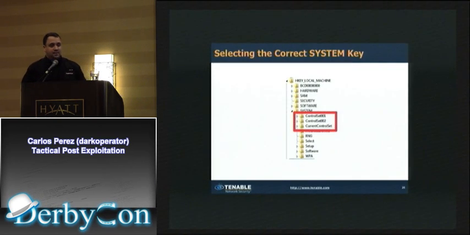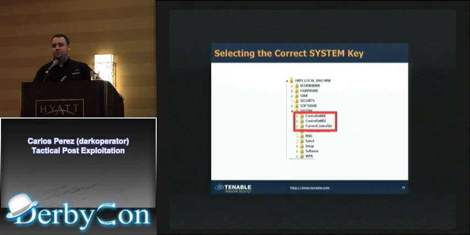Another problem that I see many times is people hard coding in their scripts or tools ControlSet001 or ControlSet002 to get information out of the System key under HKLM. The problem is that that key gets created on boot up, and it changes.